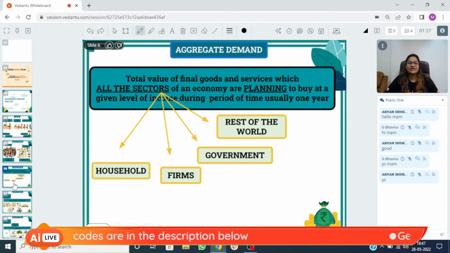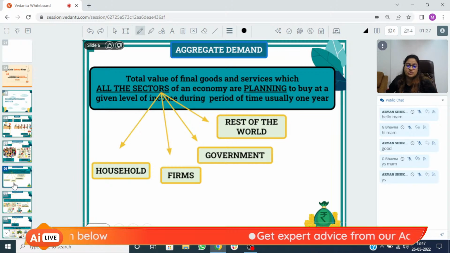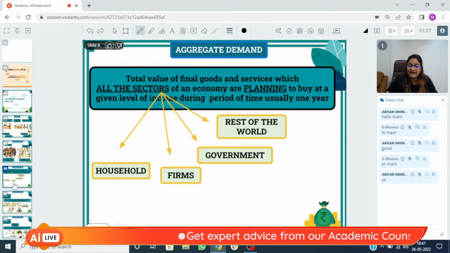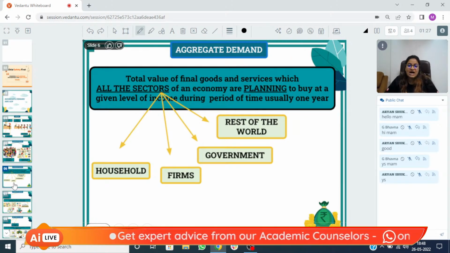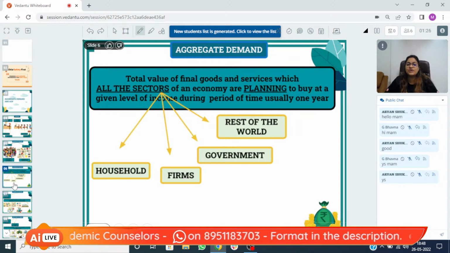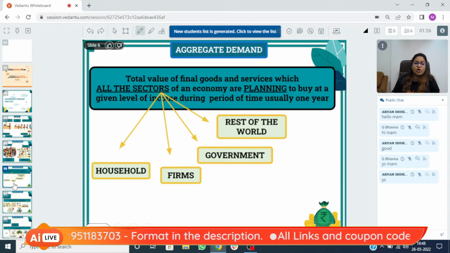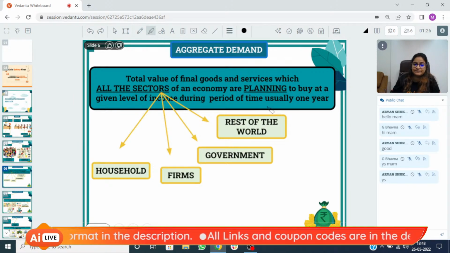Chalo. So total value of final goods and services which all the sectors, household, business, firm, government, rest of the world are planning to buy at a given level of income during a period of time, usually 1 year, is called aggregate demand. Now students, the most important word over here is planning.